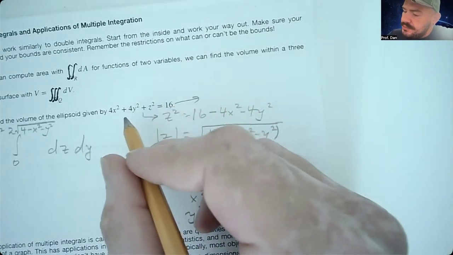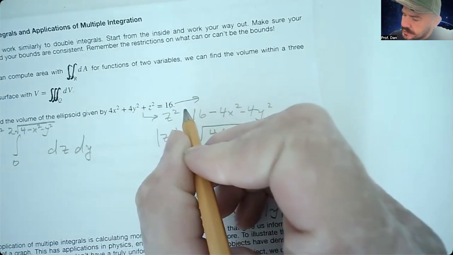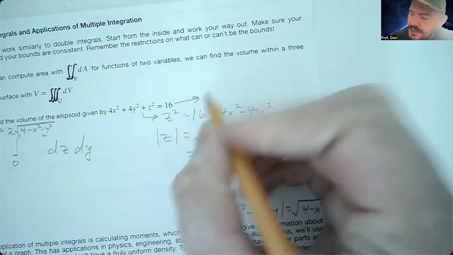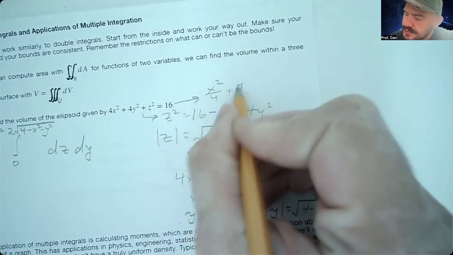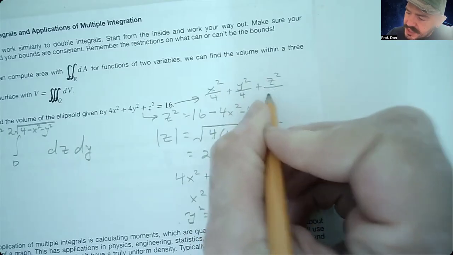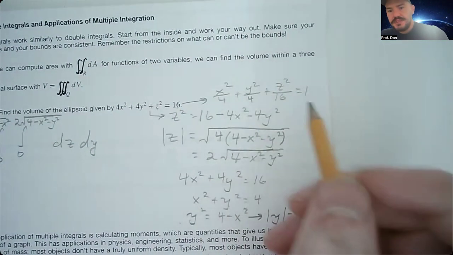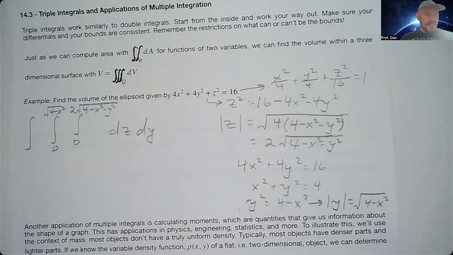So when I do that, I get x squared over 4 plus y squared over 4 plus z squared over 16 equals 1. That means that the radius in my x direction, which is what we're going to need to set these bounds up, is 2, the square root of 4.